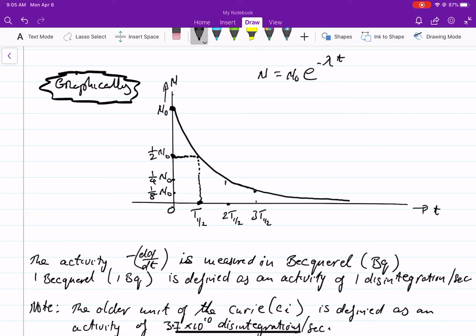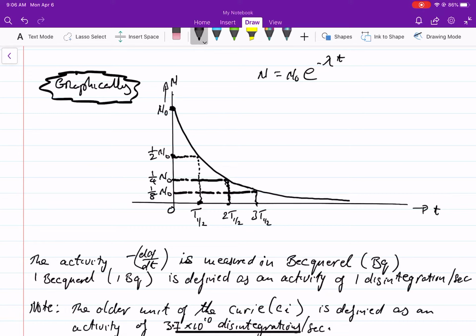If you think about it some more, if I now go down to half of that half, which is a quarter of the initial amount, a quarter n0, I read across and I read down, guess what? An amount of time also equivalent to a half-life expires. Half of that quarter now will give me 1/8. I read across and I read down, another half-life has expired, and so on and so forth.